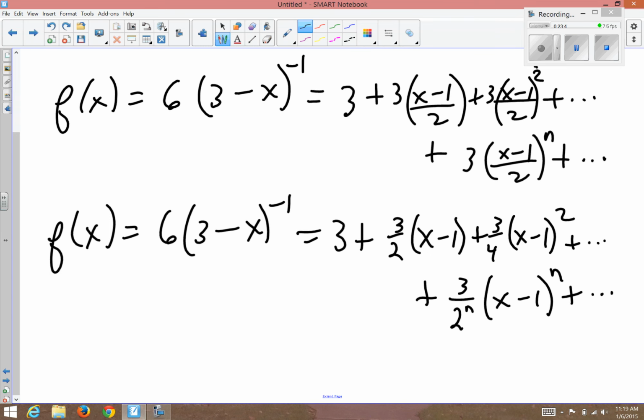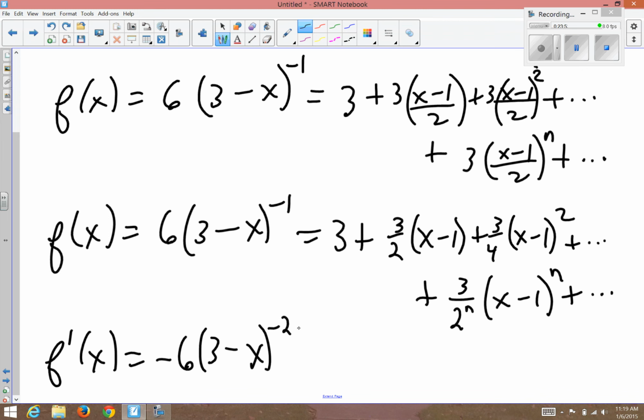we're going to differentiate. The derivative of f of x is f prime of x. The derivative of this is negative 1 times 6 times what's in the parentheses raised to the negative 2 times the derivative of what's in the parentheses.